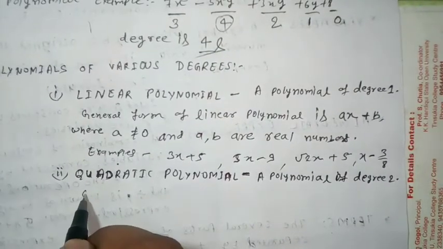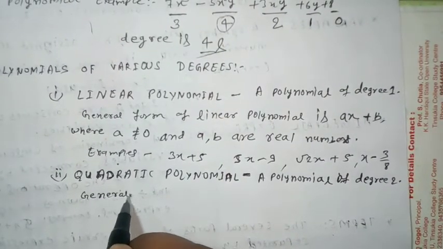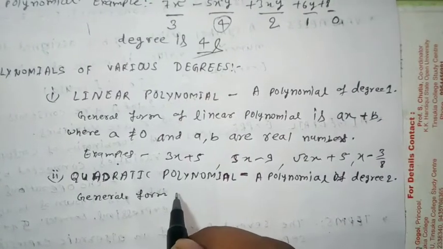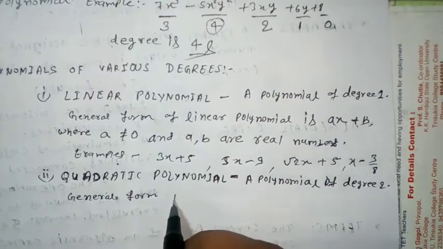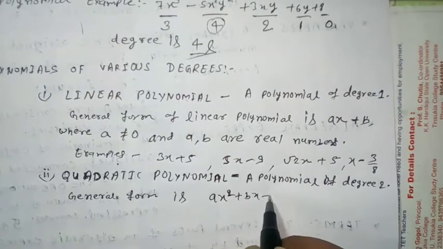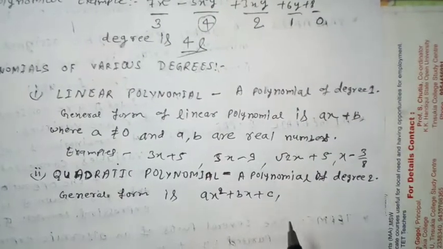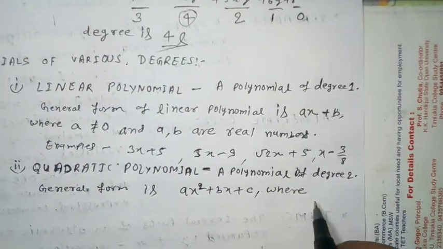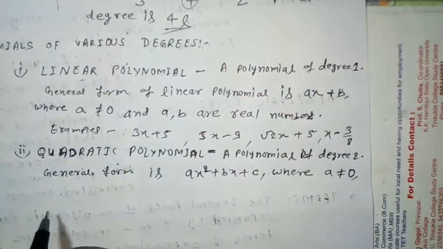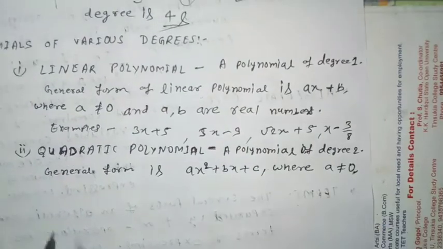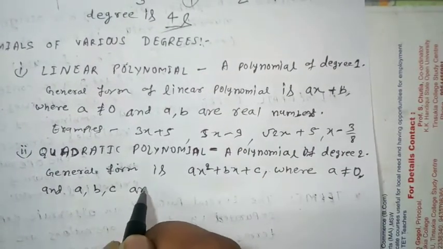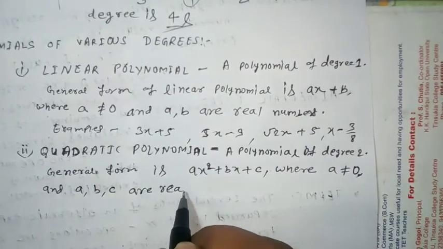General form is ax square plus bx plus c, where a does not equal 0 and a, b, c are real numbers.